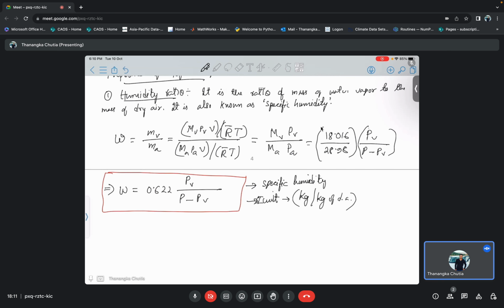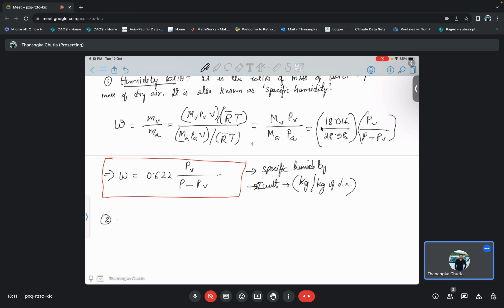Next is relative humidity, and this we express as phi.